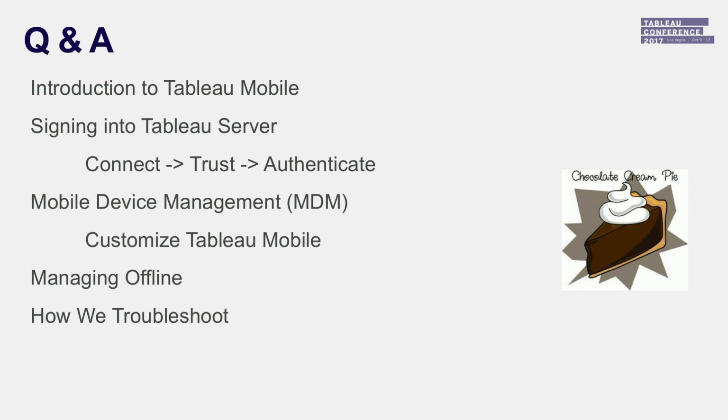Two-part question. In the app, does it show only vizzes that were published as a mobile app, or does it show all vizzes on your Tableau server? It shows all vizzes that you have access to on the site. It doesn't have to be a mobile-specific viz, but if you want to have a good experience on the mobile device, use Device Designer. There was a session related to this this morning. The list of vizzes will be the same whether you connect from a browser or a mobile device.